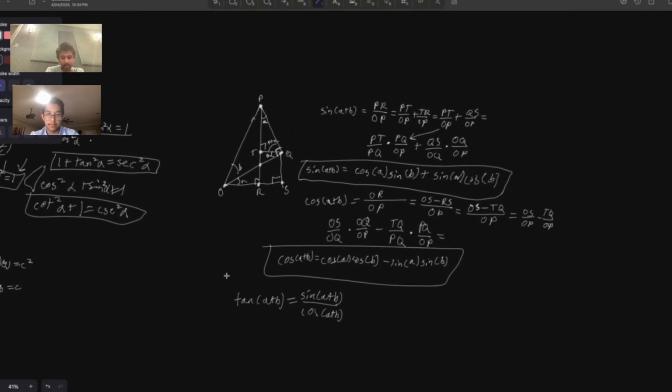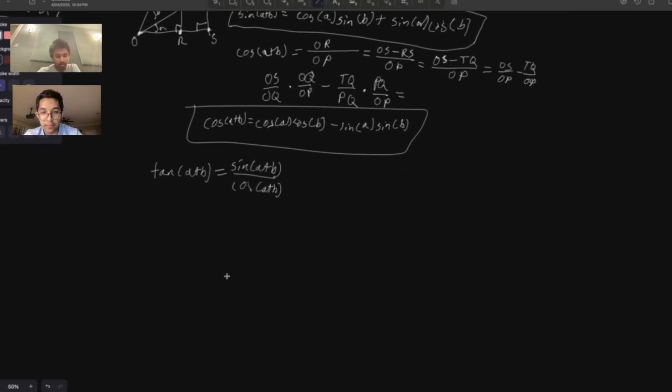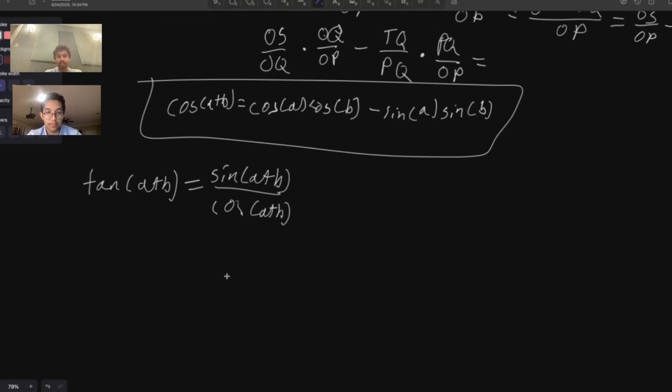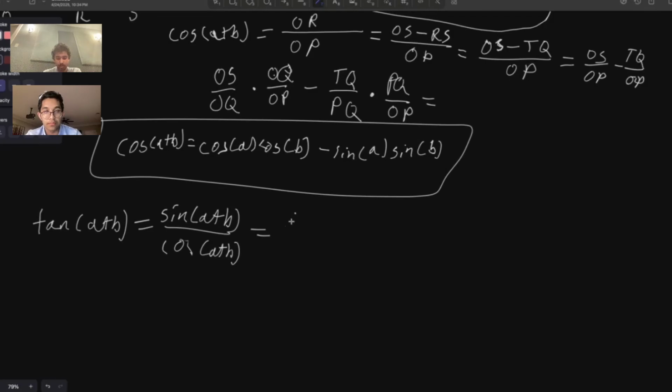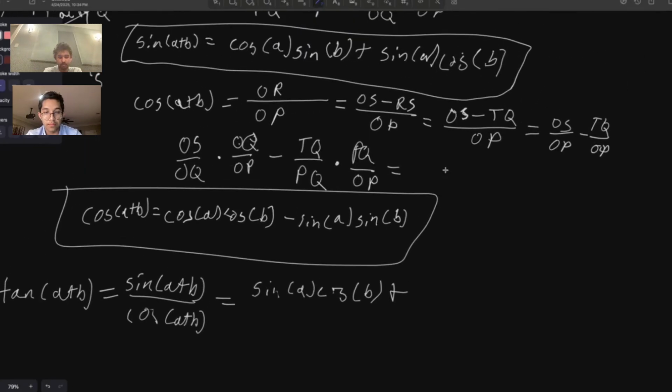So, going back to our problem, we have the tangent of A plus B is equal to the sine of A plus B over the cosine of A plus B. We can use the things that we've recently discovered. So, we have the sine of A times the cosine of B plus the cosine of A times the sine of B. I'm just rearranging terms a bit.